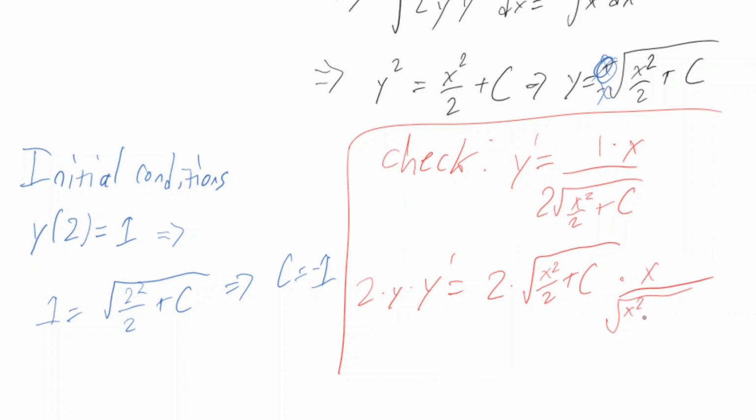The 2's cancel out, the y's cancel out, and all we're left with is x. That's exactly what the ordinary differential equation said: 2y y prime equals x. Again, if there are any parts you're a little fuzzy about, you should pause and think about why it might hold.